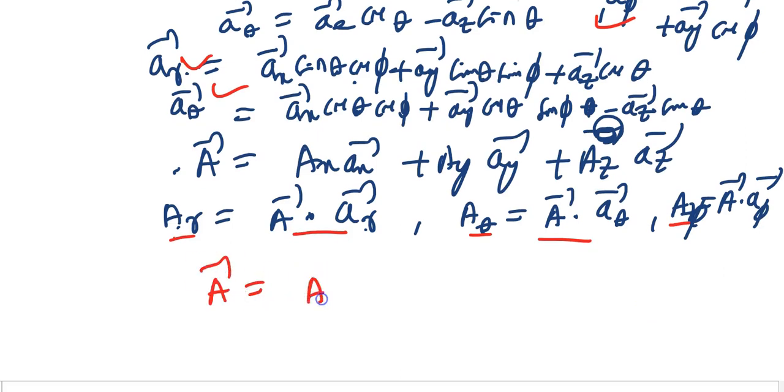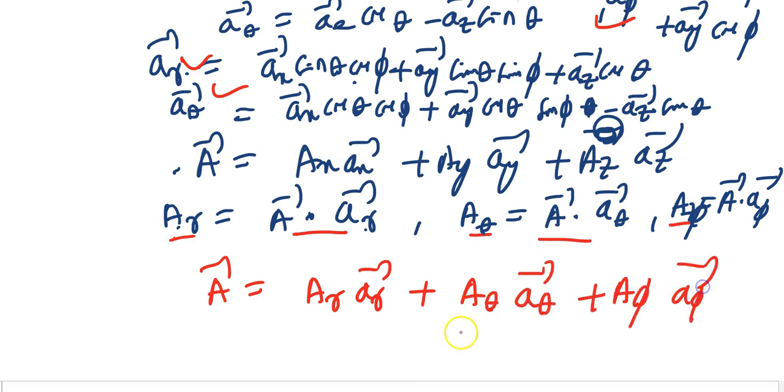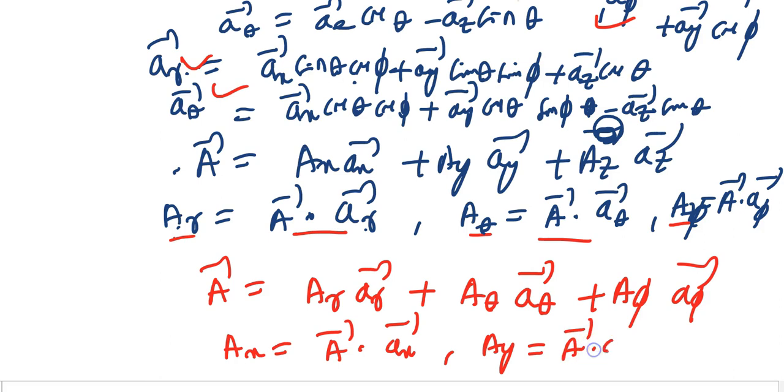Now suppose the vector has been given in spherical coordinate systems, and you have to convert into the Cartesian coordinate systems. So Ax is equal to vector A dot ax, Ay equal to vector A dot ay, meaning dot product, then Az is A dot az.